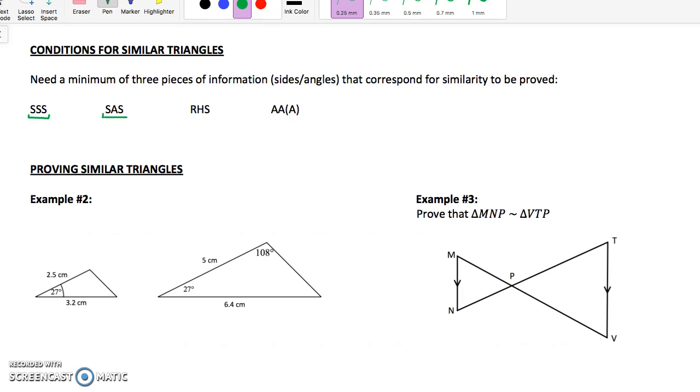We need to have 2 sides and the angle in between. We can have right angle, hypotenuse, side, which the first example has. Or we could have 2 angles, which therefore, because it's a triangle, means we know the third angle. So we have all 3 angles, and when they're similar, all the angles will be equal.